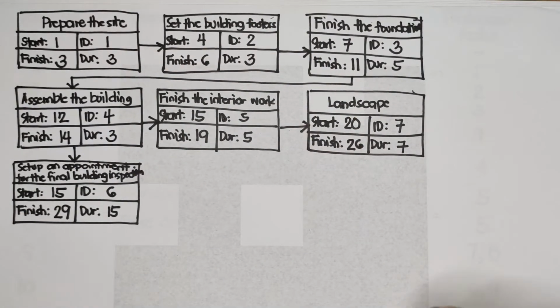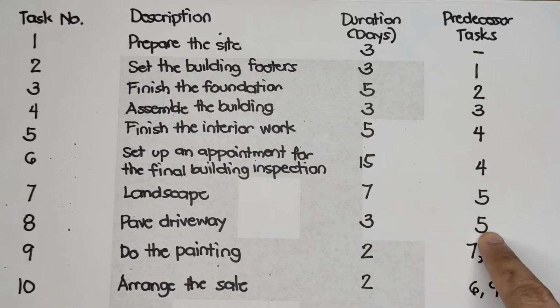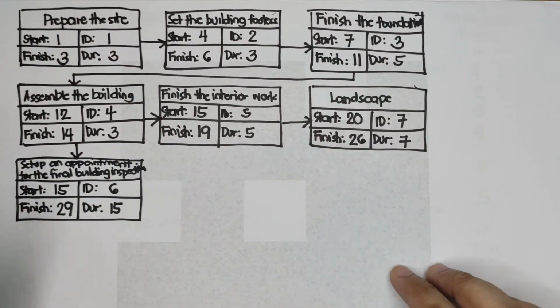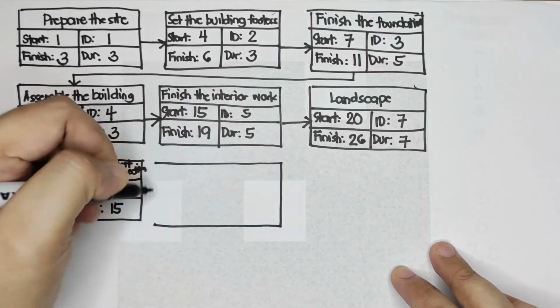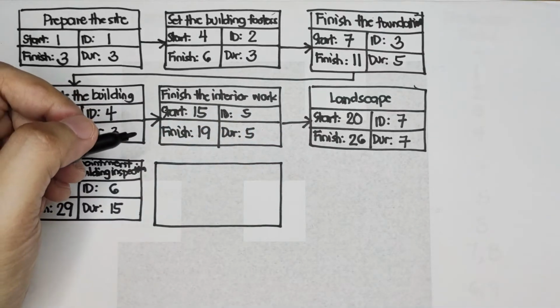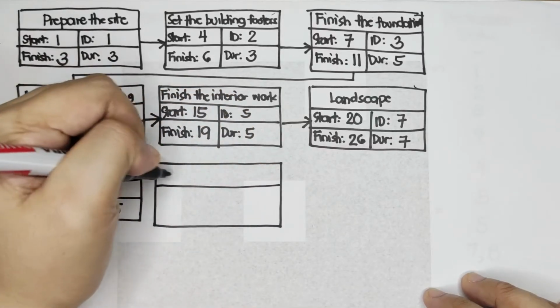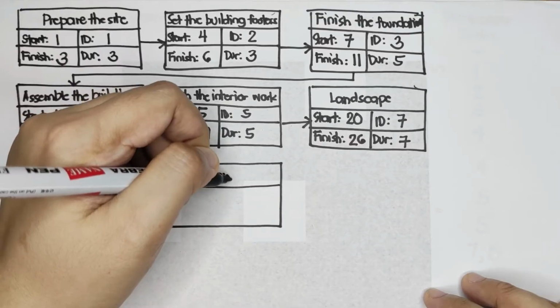Next, pave the driveway. Task number 8, duration is 3, and its predecessor is also 5. So, let's create another box. The task is pave driveway.